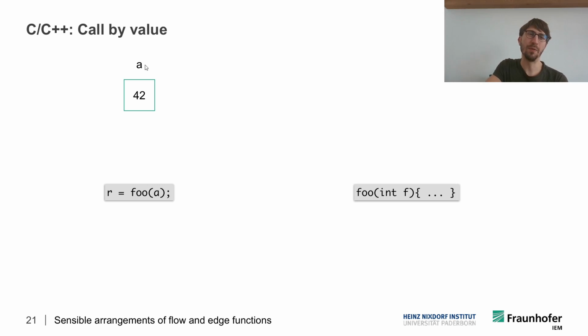The variable a will hold the value 42 again, but you will notice that I do not use a circle here, but a square. This indicates that variable a by itself is regarded as some memory. So you will be able to take the address of variable a and also store the address somewhere, for example in a pointer.